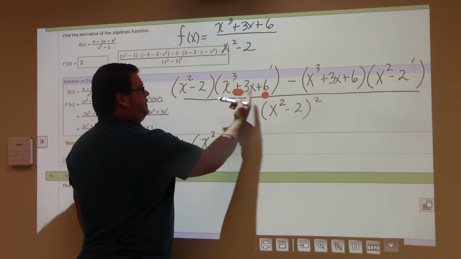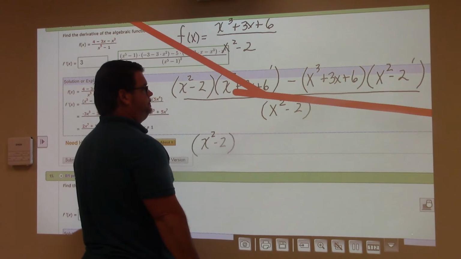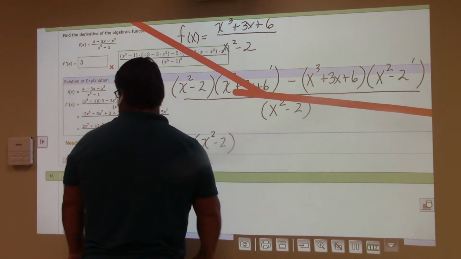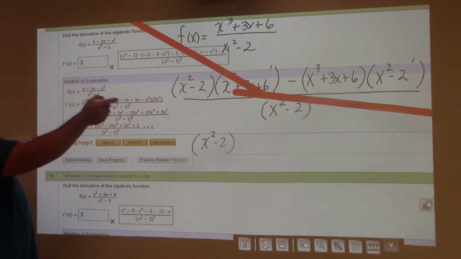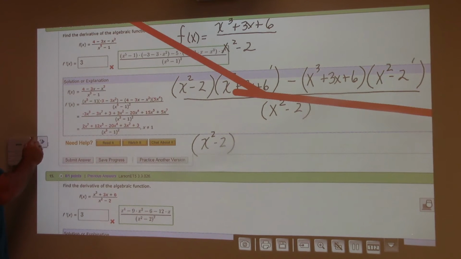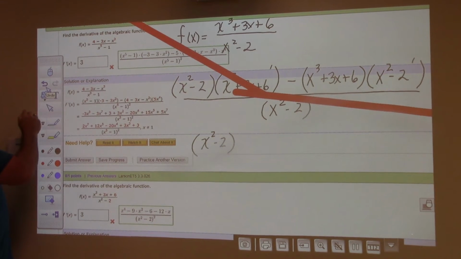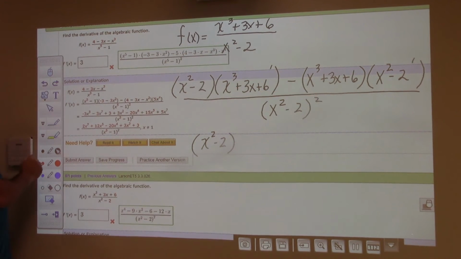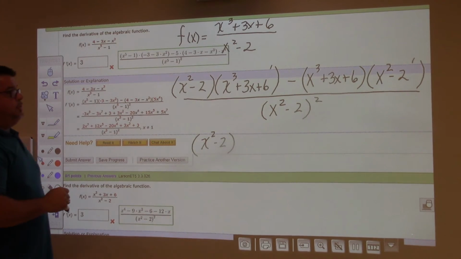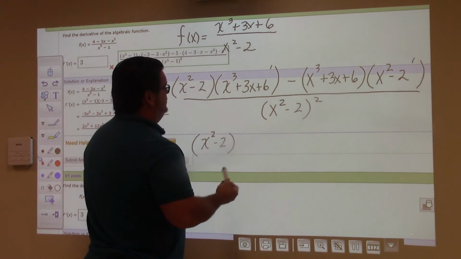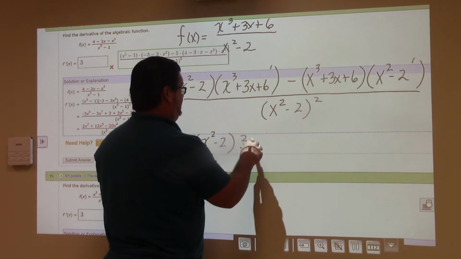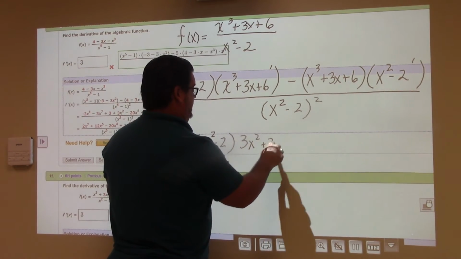What's this derivative? What's the derivative of x cubed plus 3x plus 6? It's 3x squared plus 3.